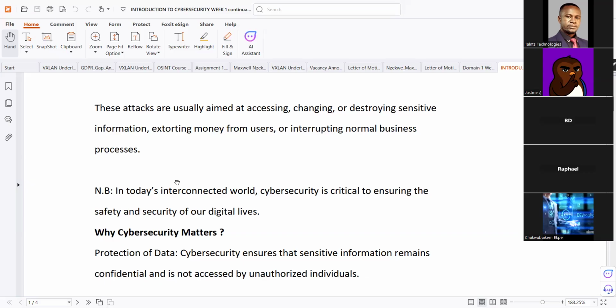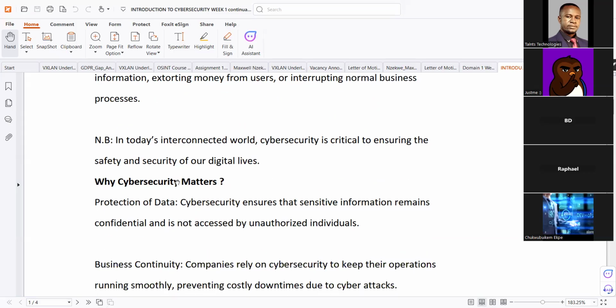These attacks are usually aimed at accessing, changing, or destroying sensitive information, extorting money from users, or interrupting the normal business of the organization. So in today's interconnected world, cybersecurity is critical to ensure the safety and security of our digital lives. That is why cybersecurity matters.